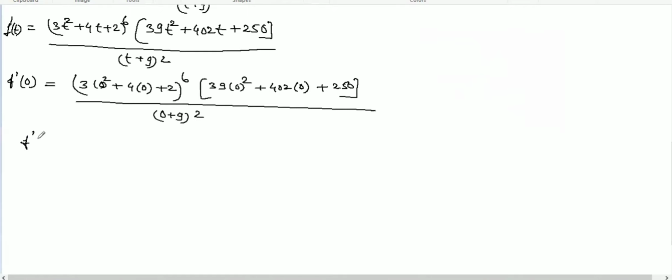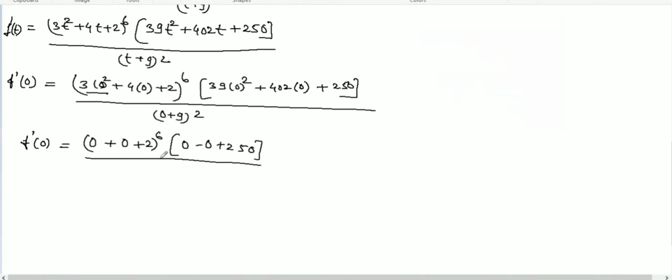Now what we are getting here, f prime of 0 is, 0 square multiplied by 3 will be 0, plus 4 multiplied by 0 is 0, then 2 all to the power 6, and then this is 0 minus 0 plus 250, all over, this is 0 plus 9 is 9 whole square. F prime of 0 will be, this is 0 plus 0 plus 2 is 2 whole to the power 6, and here 0 plus 0 plus 250 will be 250, all over 9 square is 81.